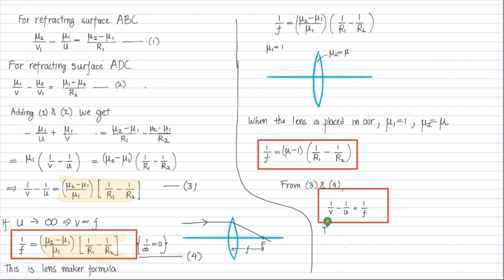This is the thin lens formula. After deriving the thin lens formula, now let us solve some numericals on the lens maker formula.